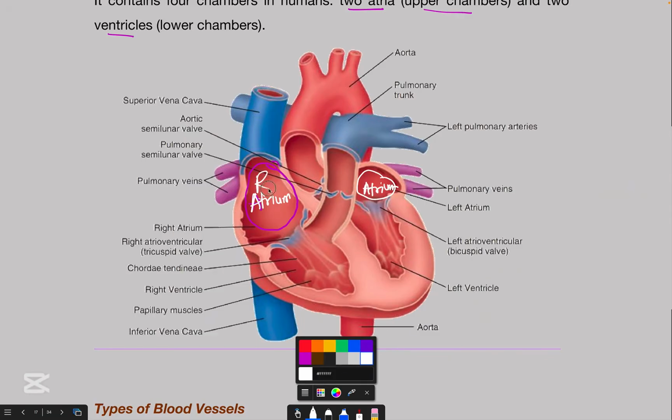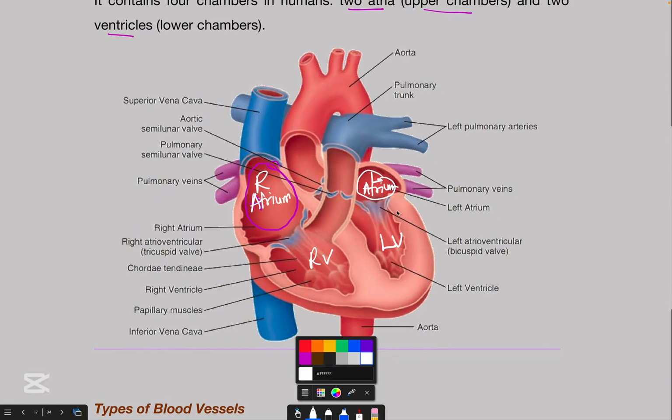Forget about the way you think, if you put your hand, it is the left hand side. But this is actually the right atrium. Is that okay? This here is the left atrium. This here is the right ventricle. This here is the left ventricle. Right atrium, left atrium. Right ventricle, left ventricle.